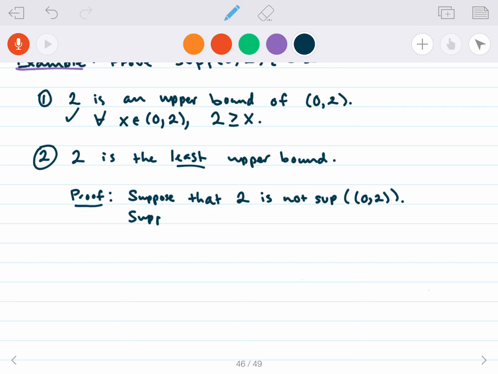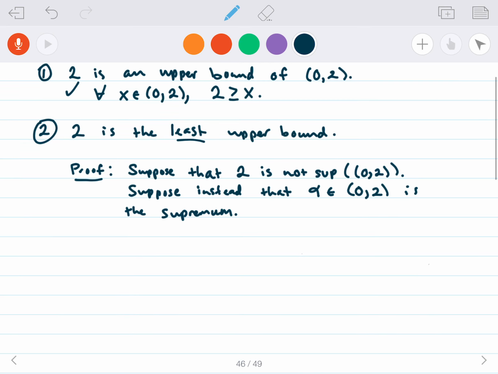Suppose instead that alpha in (0, 2) is the supremum. So the idea here is that we want to contradict that alpha is an upper bound for (0, 2).